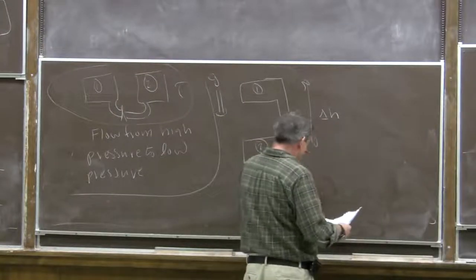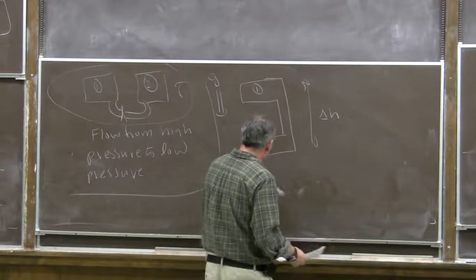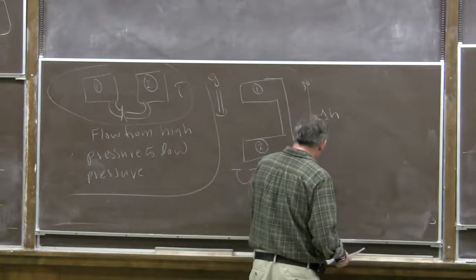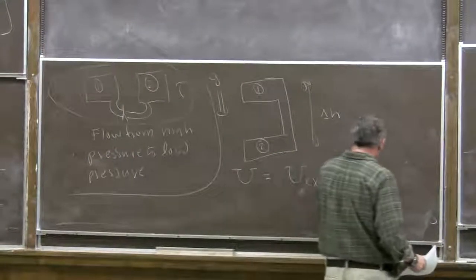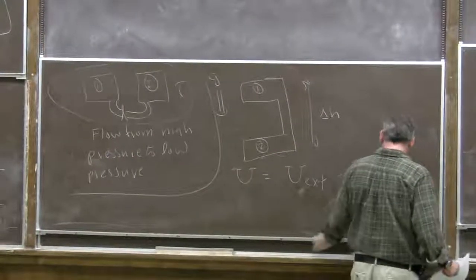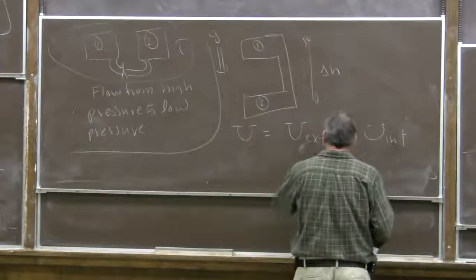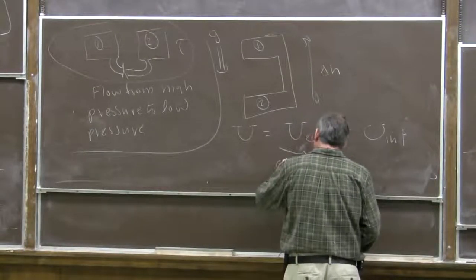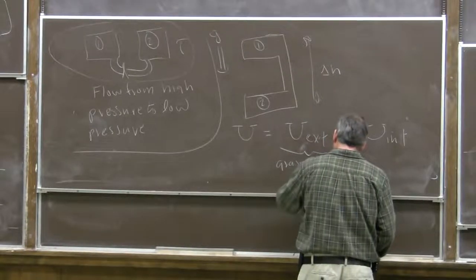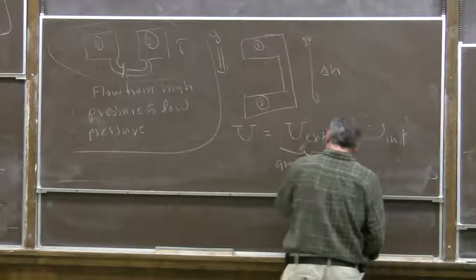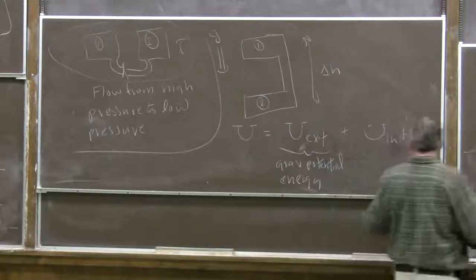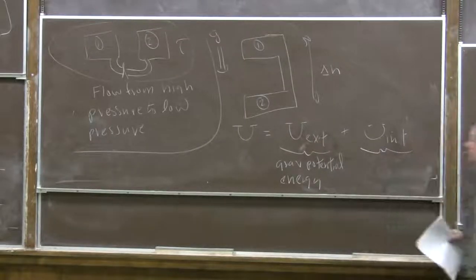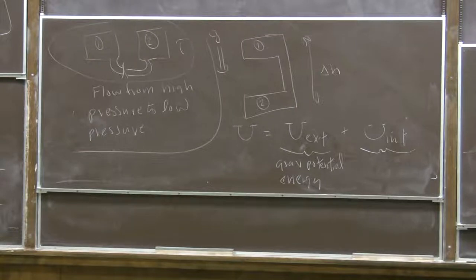So I can write U as what I'll call the external contribution to the energy plus the internal contribution. The external contribution in this case is due to the gravitational potential energy. And the internal contribution is just the kinetic energy of the ideal gas, right?